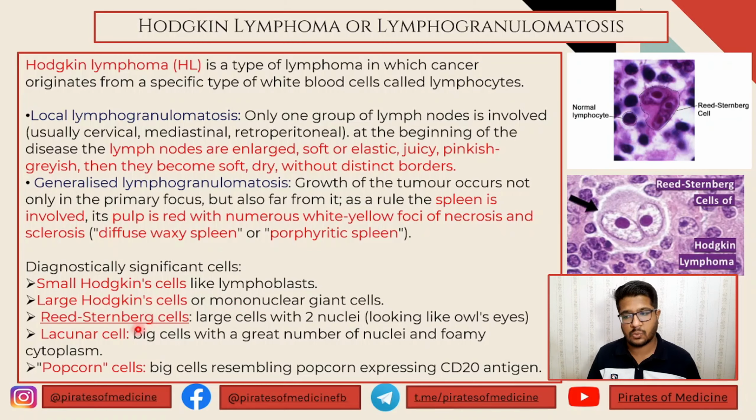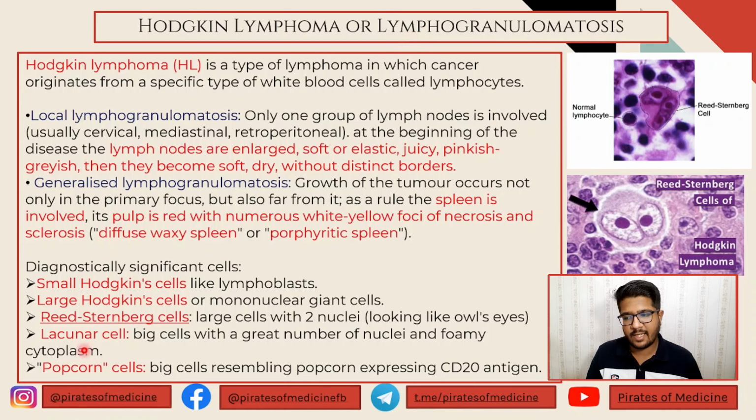Reed-Sternberg cells, or Berezovsky-Sternberg cells, are large cells with two nuclei looking like an owl's eye. You can see Reed-Sternberg cells, right? They are seen in Hodgkin's lymphoma or lymphogranulomatosis.